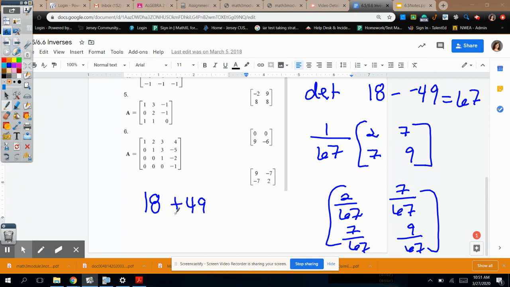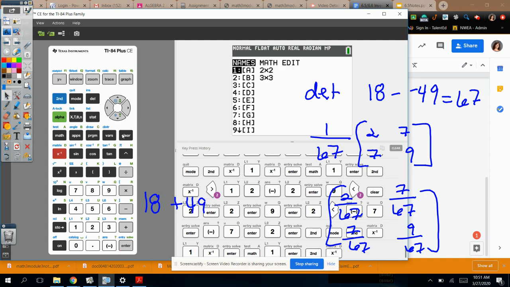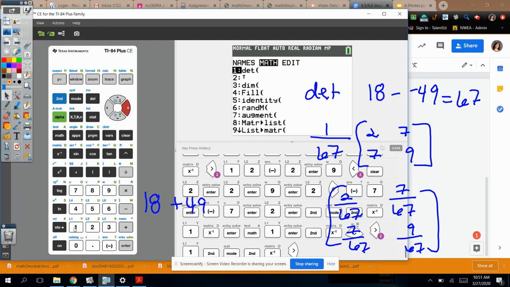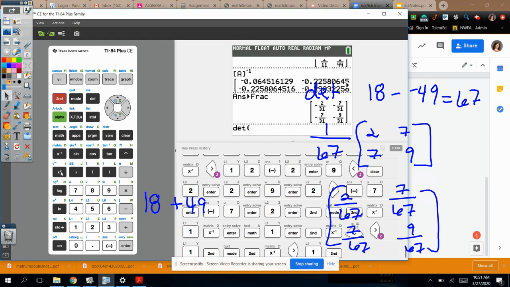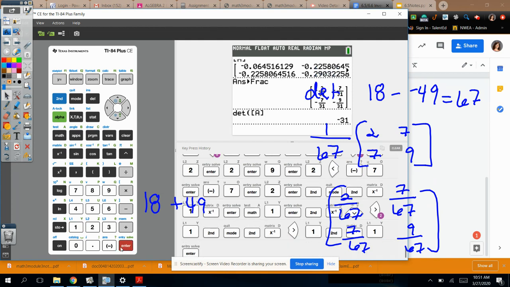Isn't that 7? 9, negative 7, negative 7, 2. Let's see here. The determinant. Oh, it's negative 31.